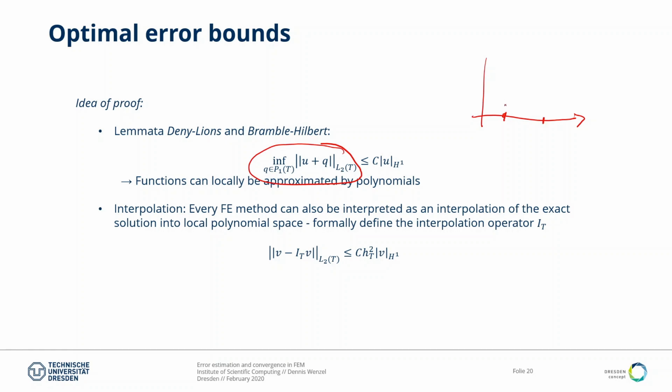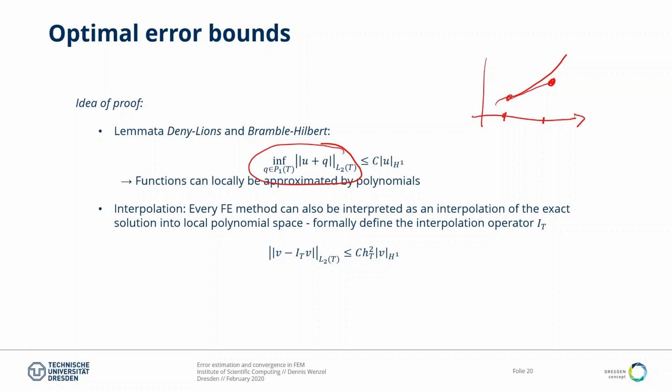And I can approximate any function as good as I want, as long as it's not increasing too much. Because then if it's increasing too much, there is no polynomial which I can find that approximates this well enough. But yeah, this statement tells you it's possible to locally approximate any function by a polynomial as good as you want. And the only bound is the integrals over the gradients.